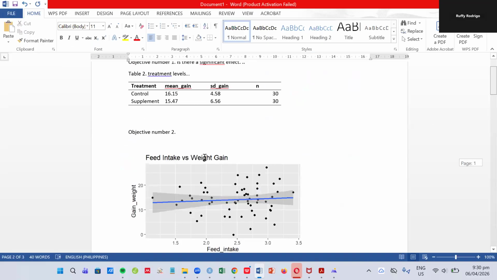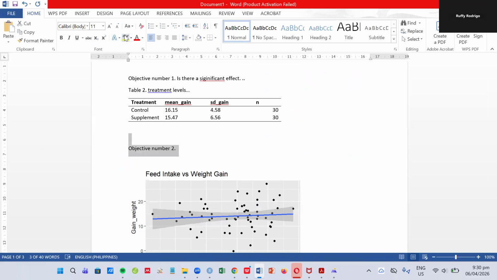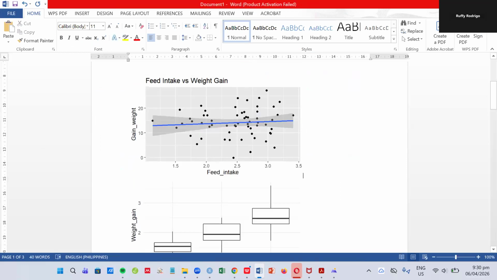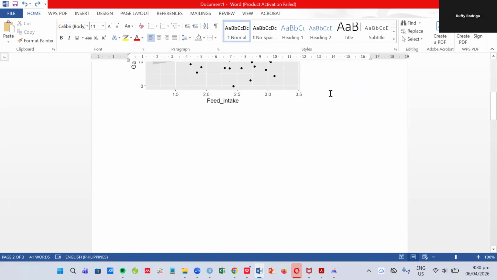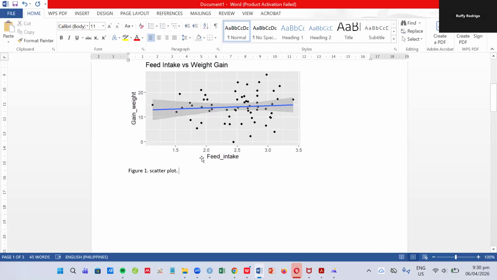And let's say, just to make sure, figure one, scatter plot. You can always write this. You can ask AI to improve your writing again. So what I usually do is just make some kind of a comment.